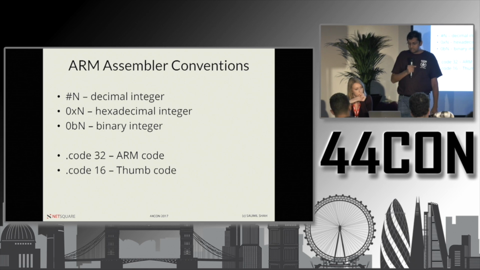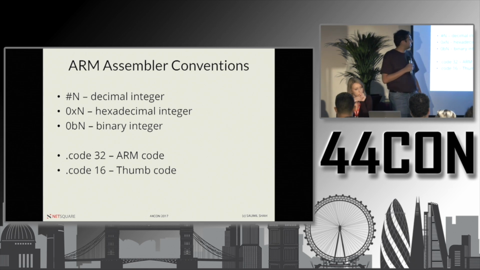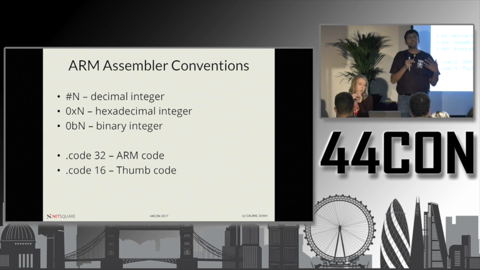Some conventions when writing assembly in the assembler. You have hash n, which is a decimal integer by default. If you like hex, you can always use the 0x notation to represent hex numbers, and you can use 0b to even represent binary integers. By default, whenever you invoke the assembler, all your code will be assembled in ARM mode.